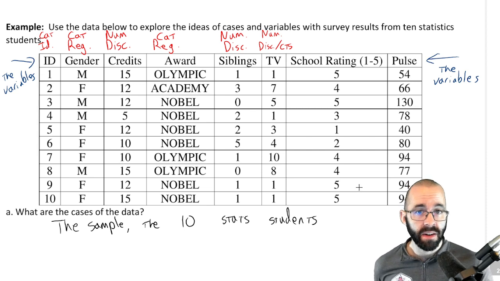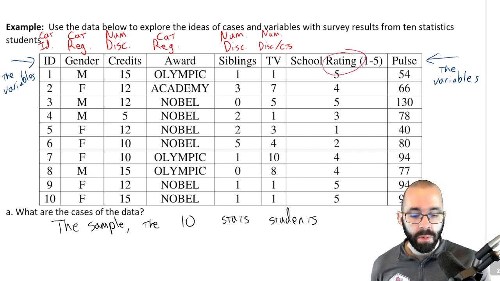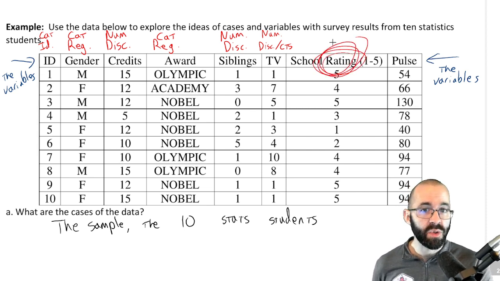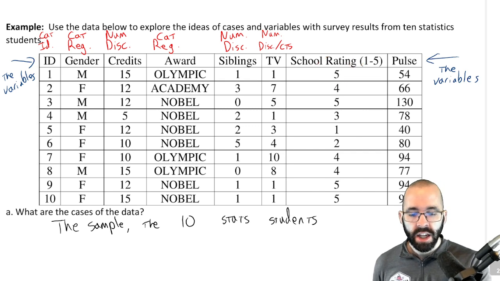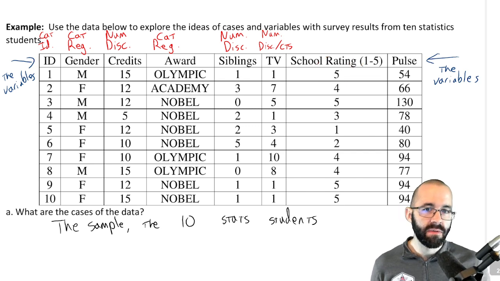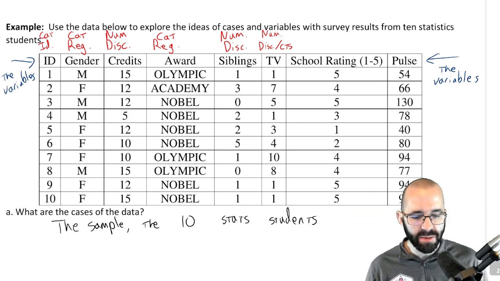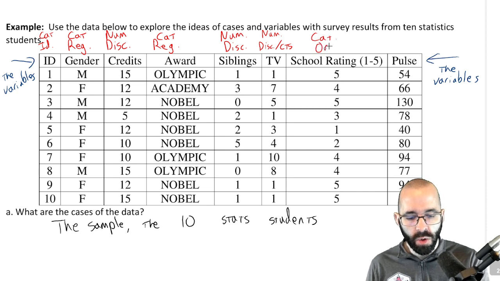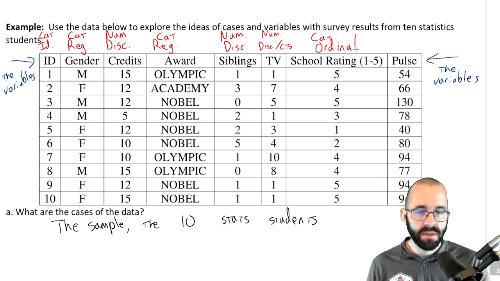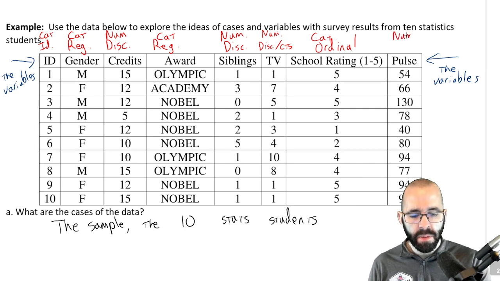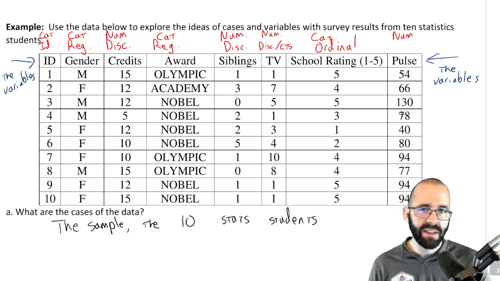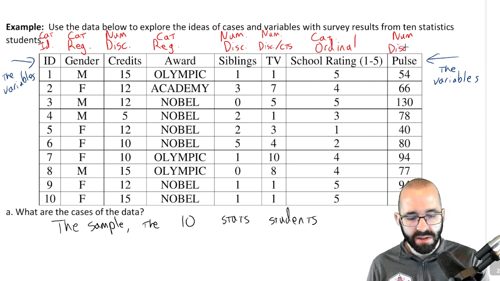School rating, it's a number. But a lot of times ratings are going to be ordinal, because a rating of 5 plus a rating of 4, we can't add those together to make a rating of 9. That doesn't really work. So this is categorical data. This is going to be ordinal. And last, your pulse. Again, it's numerical, but it depends on how we think about it. It could be discrete or continuous.